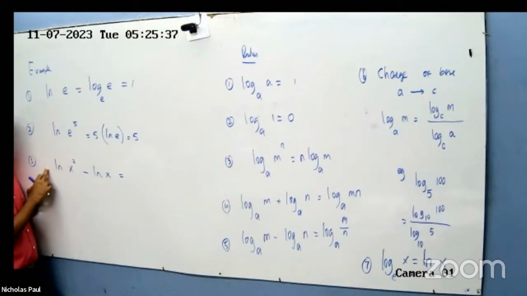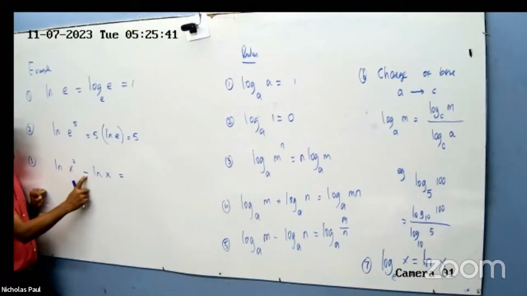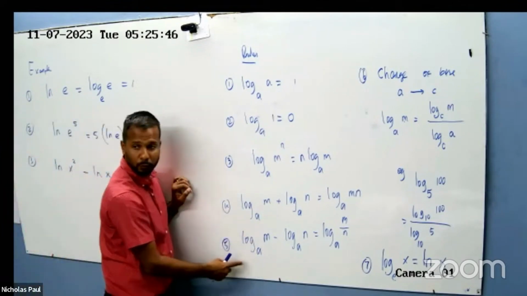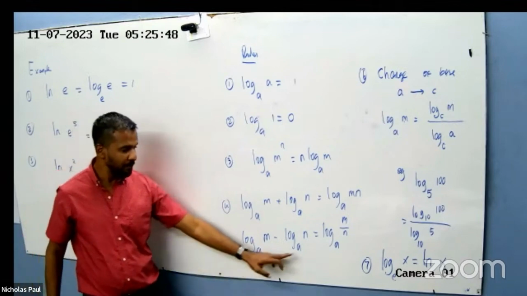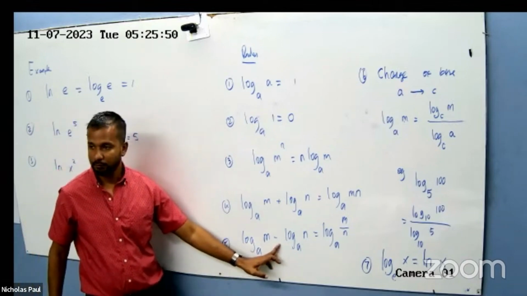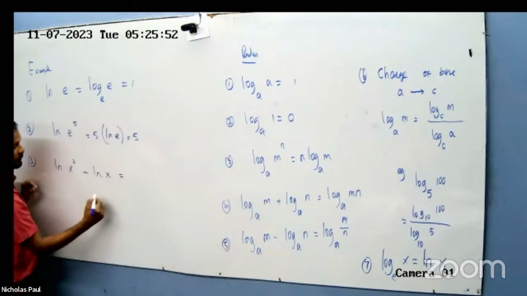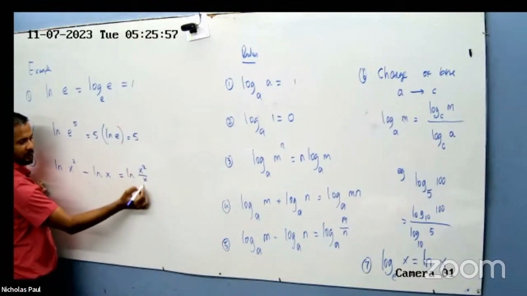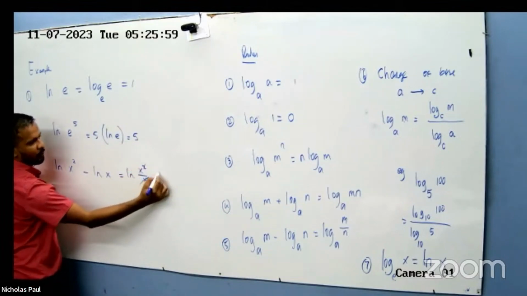You can take the 2 and put it in front and simplify it. Or ln subtract, you can use this rule here. Same base, subtract sign. So we could use ln x squared over x. This will cancel, right? So you'll get ln x.